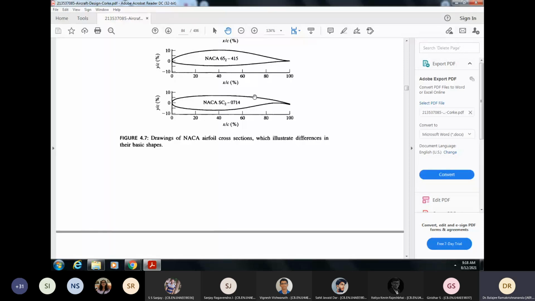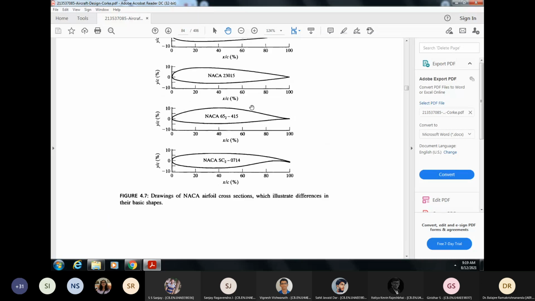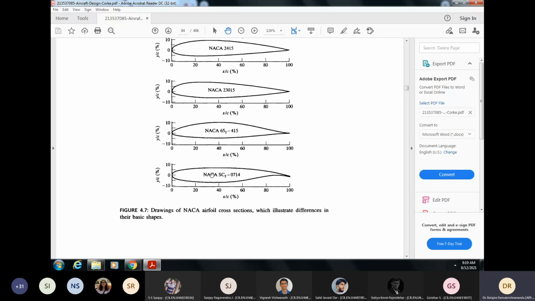Then at the trailing edge, it has a sudden curvature of the camber, and it becomes thinner at the trailing edge. So this shape is very advantageous for transonic Mach numbers between 0.8 and 1.2. That's why they are called SC, supercritical airfoils.